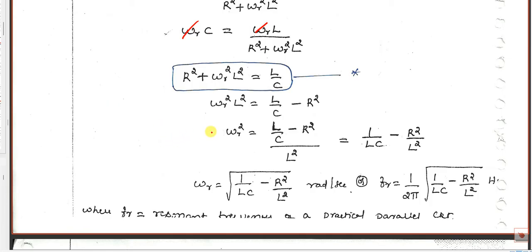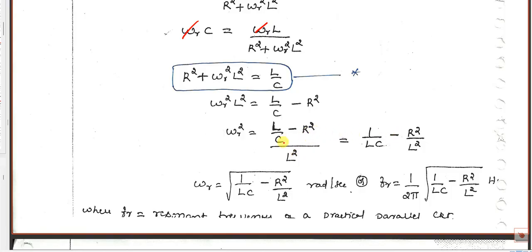And next we have to get the expression for omega r. So omega r square is equal to L by C minus R square, and you have to divide this full thing by L square. Then for the first term, L will get cancelled with this L. L by C by L square means L will get cancelled, we are left with denominator LC, so 1 by LC, minus R square by L square.